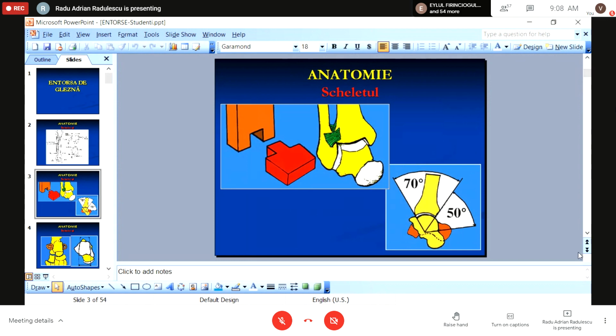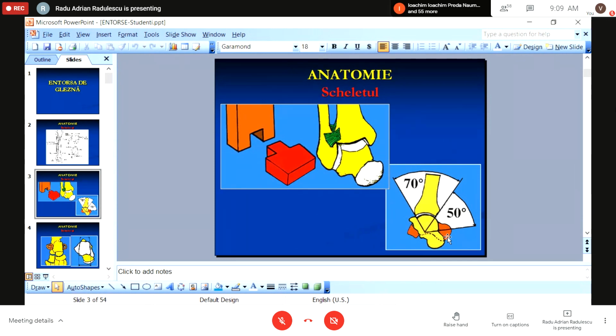Here we see again the range of motion of this joint. The ankle joint is a joint with mobility in only one plane, meaning the sagittal plane. So the ankle has only flexion and extension. And we can see here that the degree of flexion is about 50 degrees, and the degree of extension is about 20 to 40 degrees.